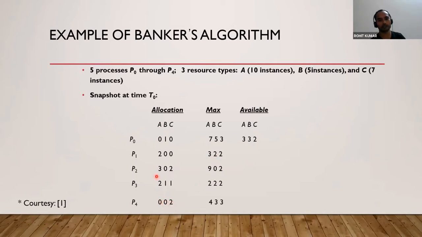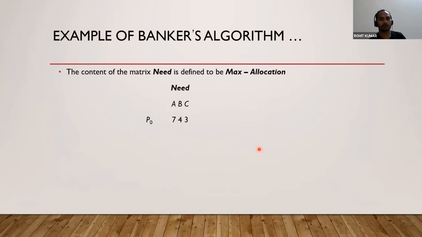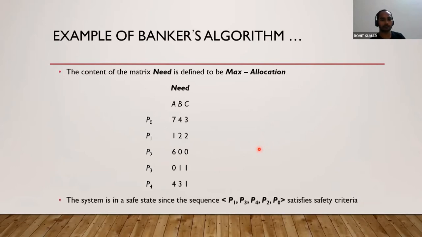After the execution of all these processes, the available resources in terms of instances will be equal to the initial instances, that is 10, 5, 7. So in this fashion, all the requirements of the different processes will get completed.